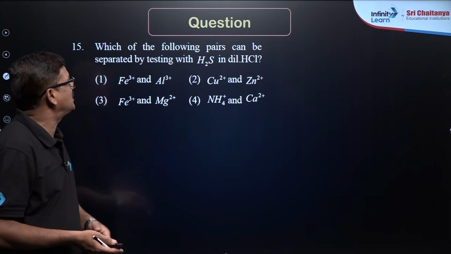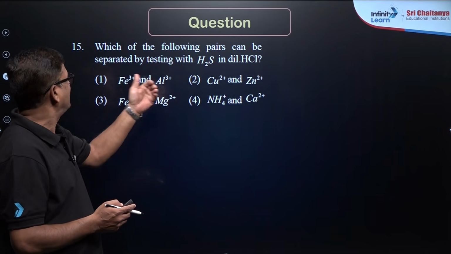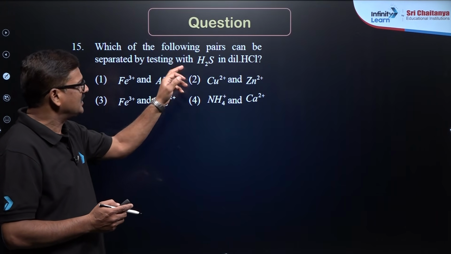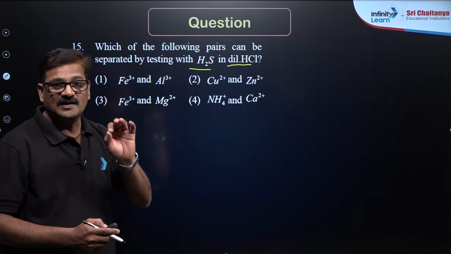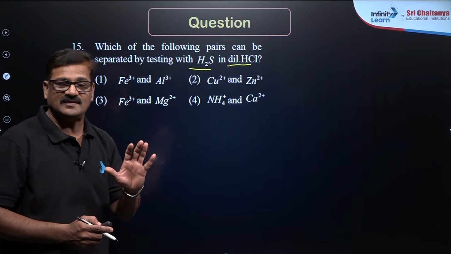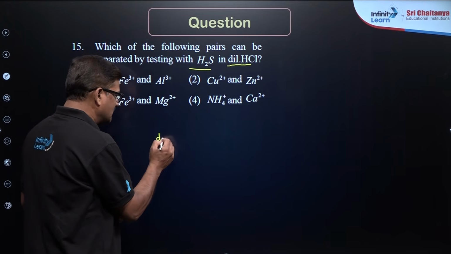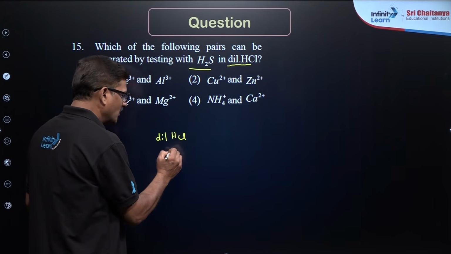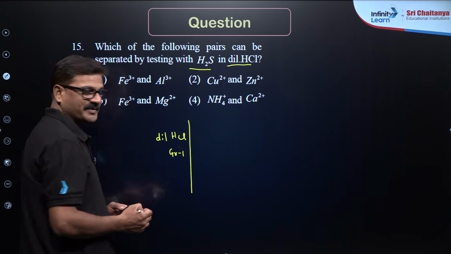Students, here is a question from salt analysis. Which of the following pairs can be separated by testing with H2S in dilute HCl? So, H2S in dilute HCl means second group cations. Initially, using dilute HCl, group 1 cations are going to be precipitated.